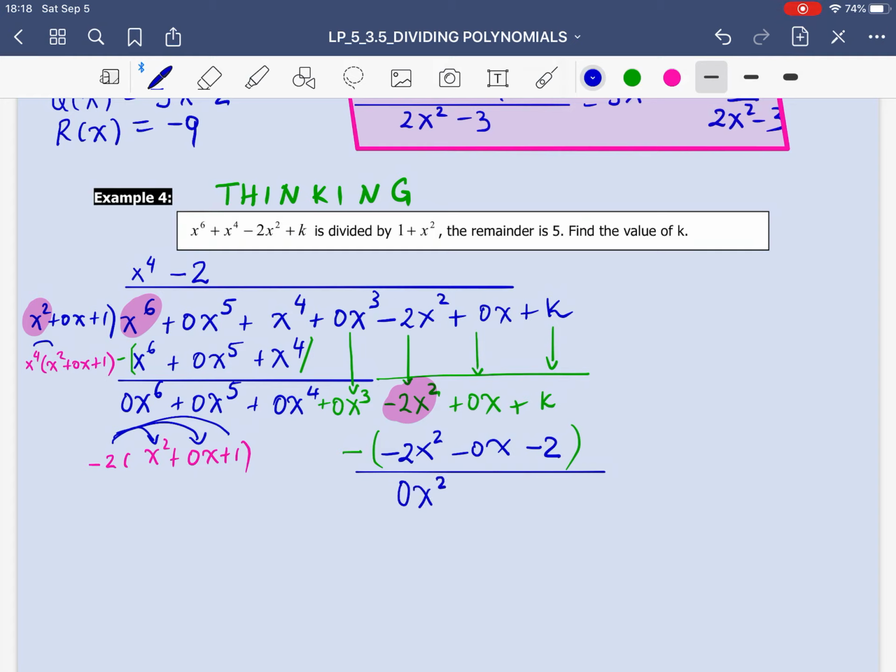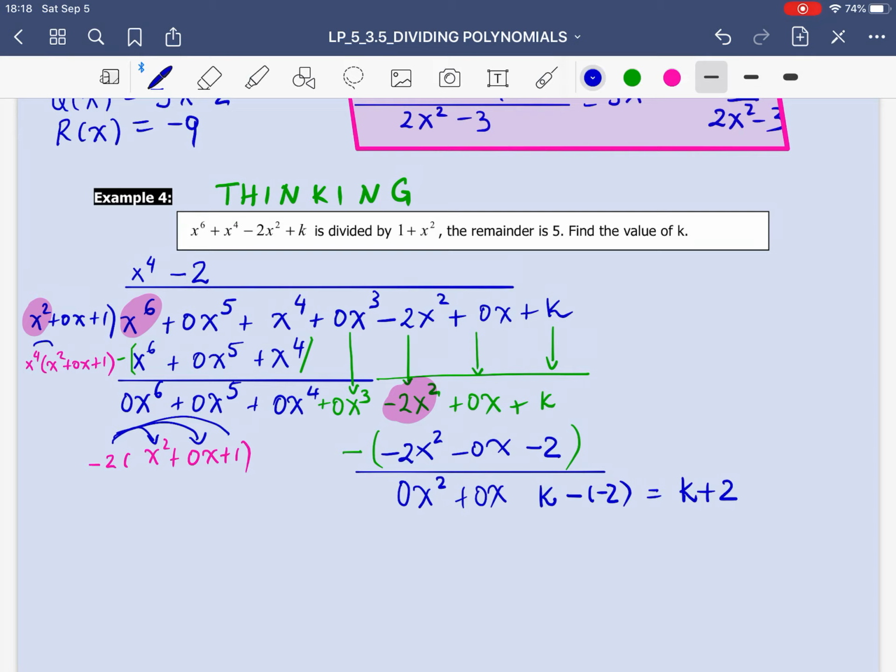We expected this to happen. 0x minus 0x is 0x. And then the remainder would be k minus negative 2. So the remainder k minus negative 2 can be written in a simpler form as k + 2.